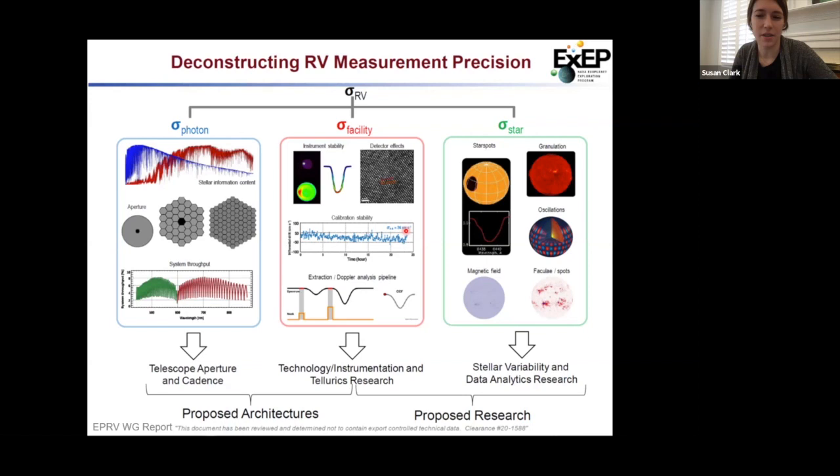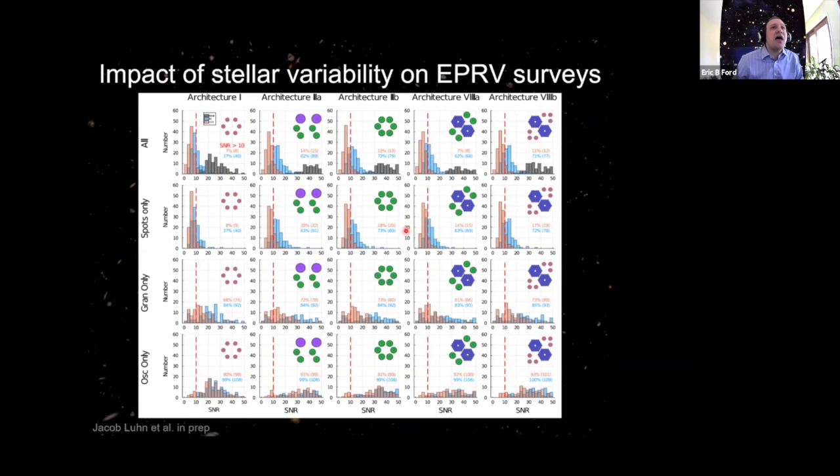Is it a similar story for granulation? I guess it's less obvious to me how that would be anything other than a white noise term. Yeah, what we found when we looked at these sort of effects of different signals is that the spots you can imagine trying to model out with your fancy GPs, because it's easy to collect data well sampling the rotation period. But the granulation, you can try to observe multiple times within one night.